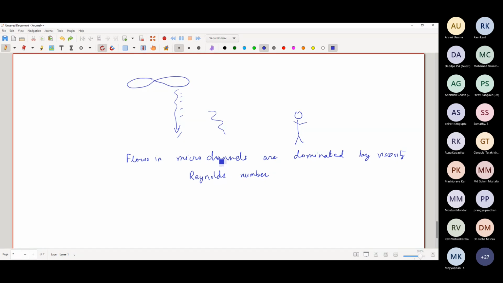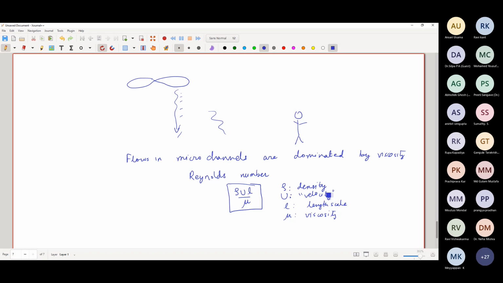The name of the person was Osborne Reynolds, and he quantified a number which looks like this, where rho is the density, okay.